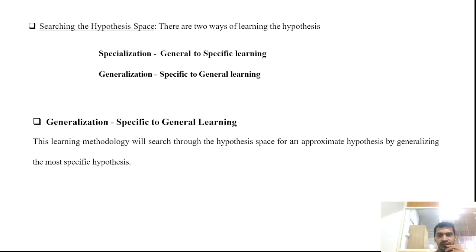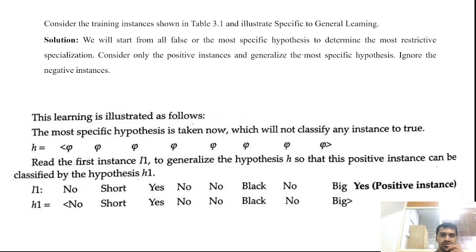This learning methodology searches the hypothesis space by starting with the most specific hypothesis. How we will represent the most specific hypothesis, we will see in the next slide. The goal is to find an approximate hypothesis that covers all the positive instances.